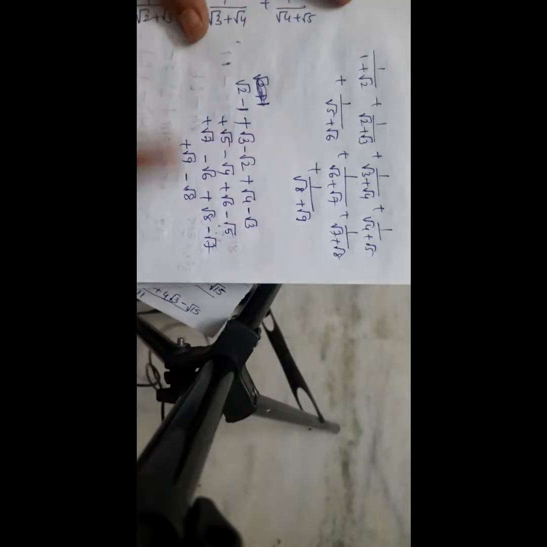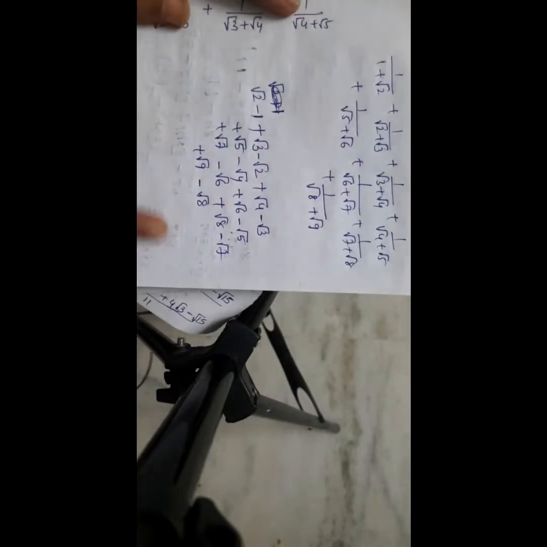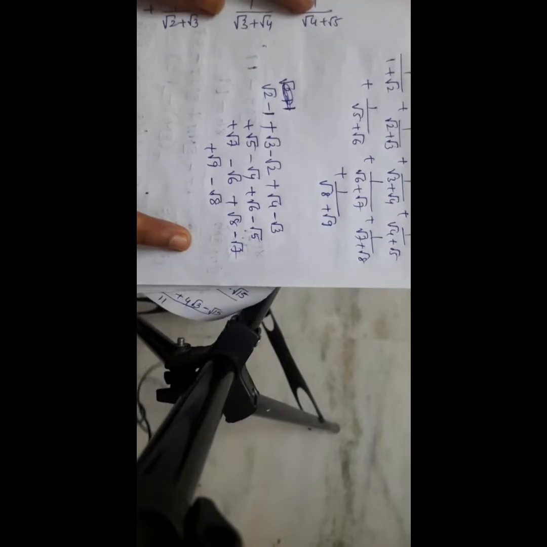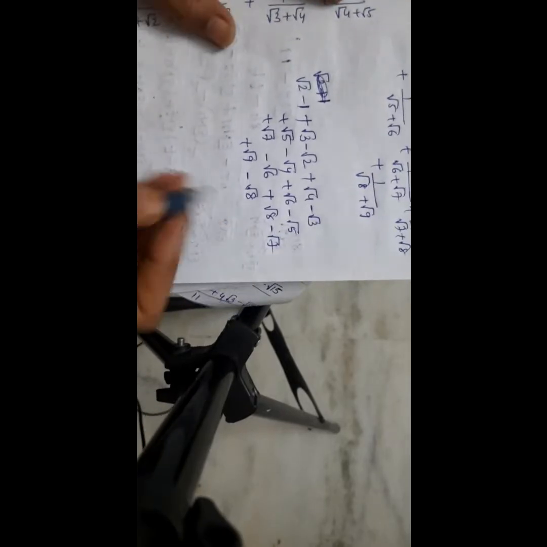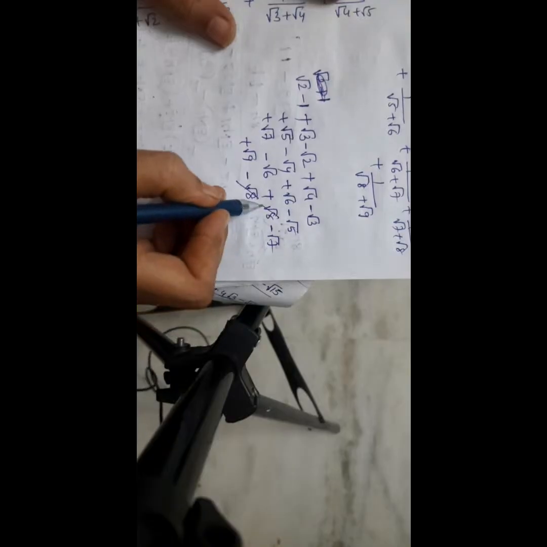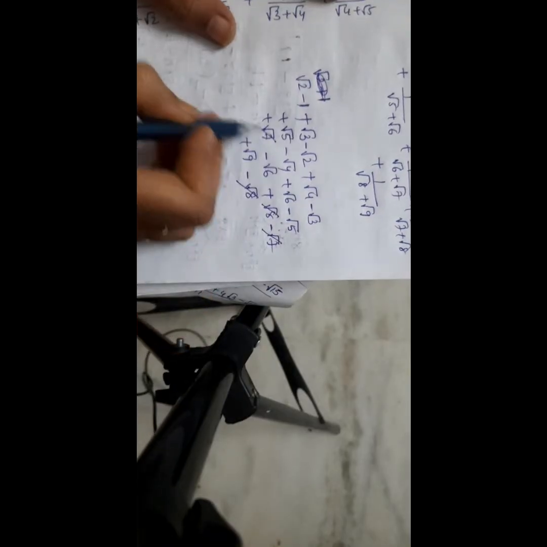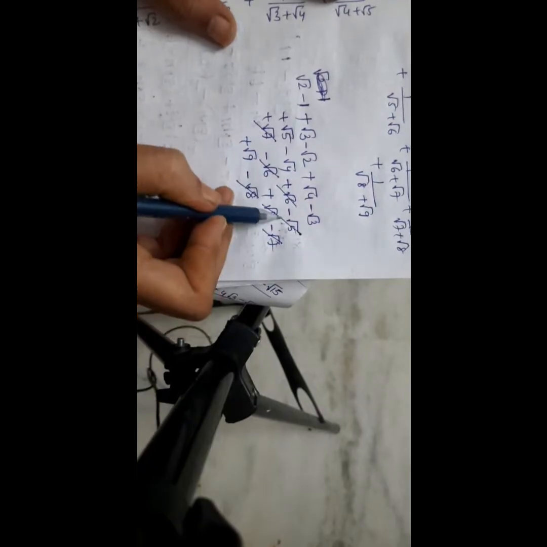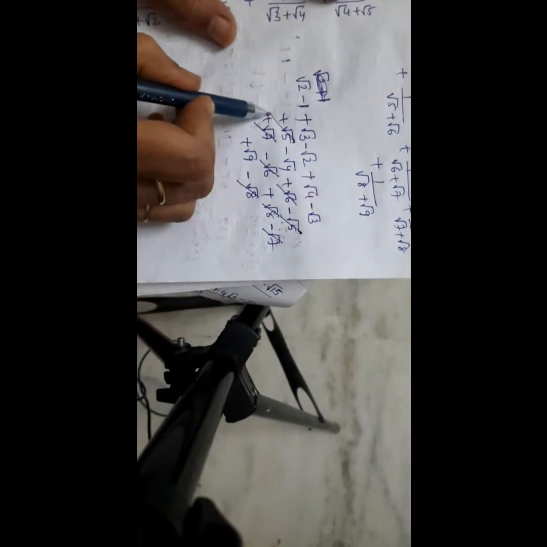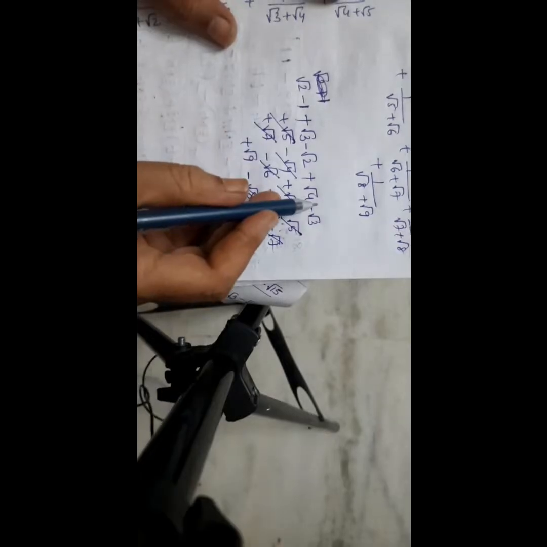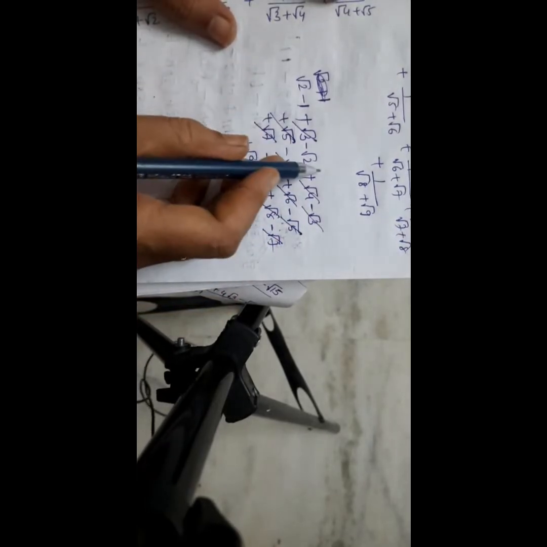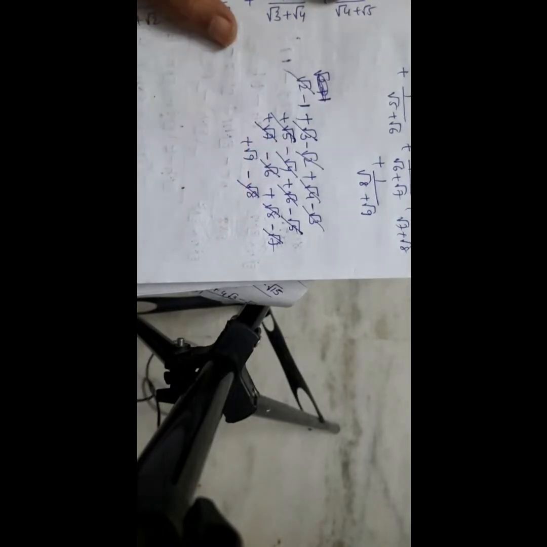All these are in addition form. You know the arithmetic. You can cancel out the opposite signs. So what are we going to cancel out here? Minus root 8 plus root 8, minus root 7 plus root 7, root 6, root 6, root 5, root 5, minus root 4 plus root 4, minus root 3 plus root 3, minus root 2 plus root 2.